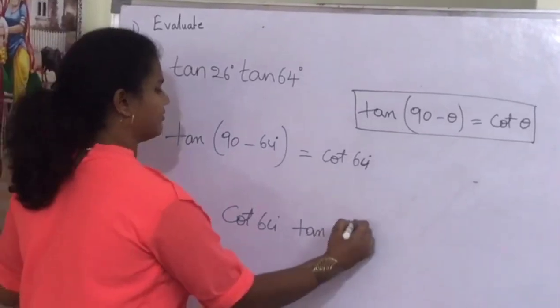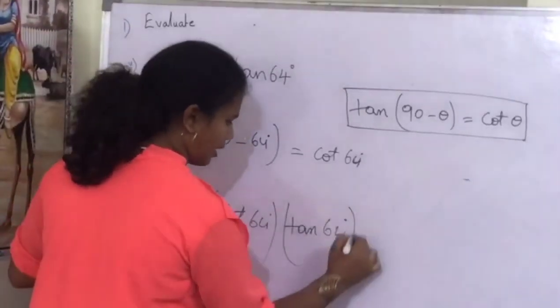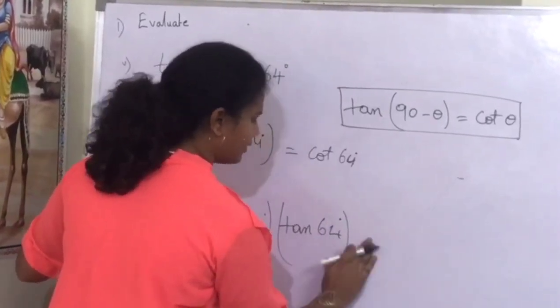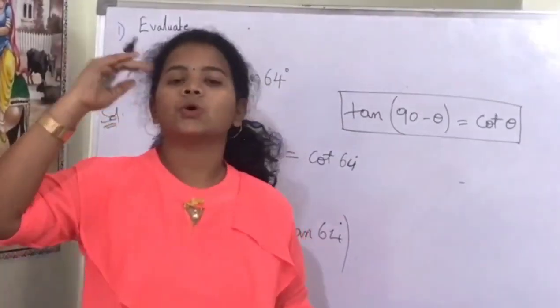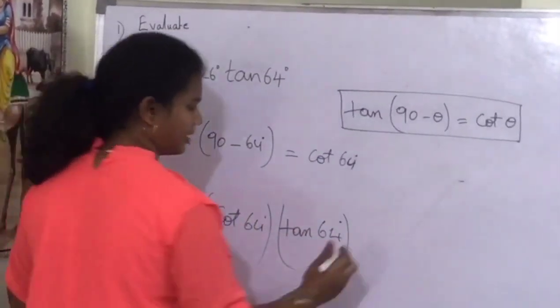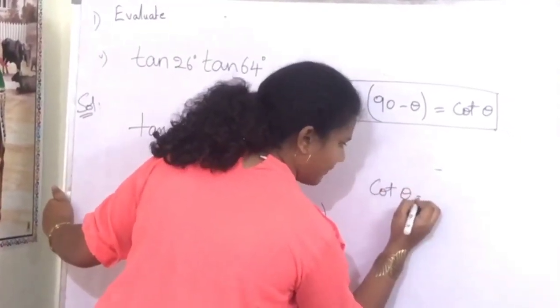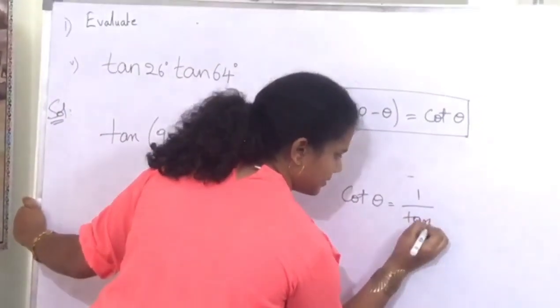And tan 64 degree. Now to solve the given question, as we know where cot theta equals to 1 by tan theta.